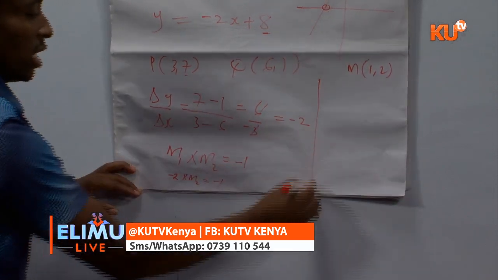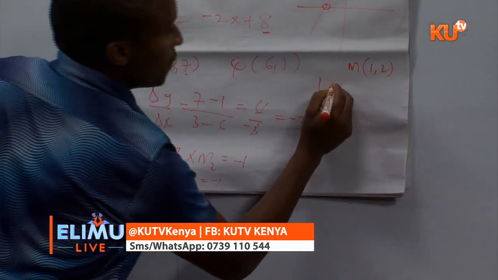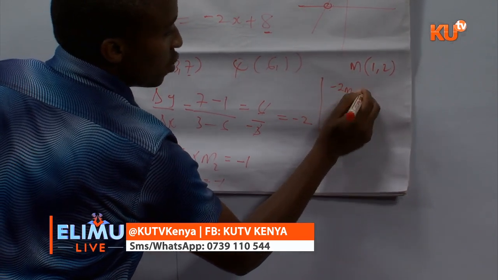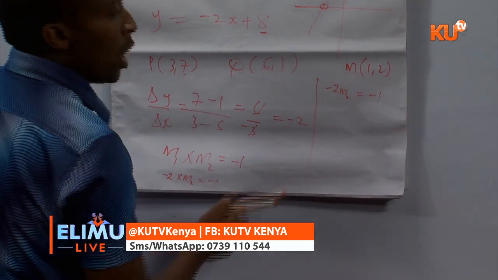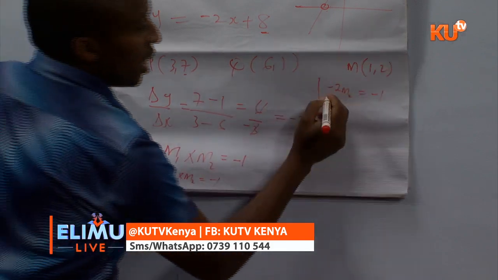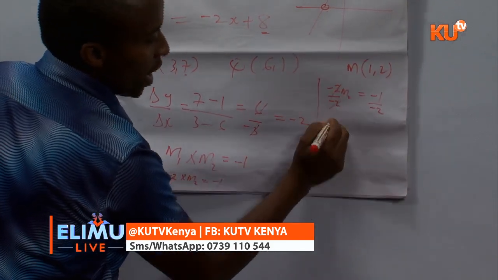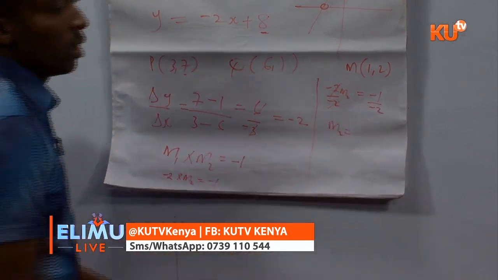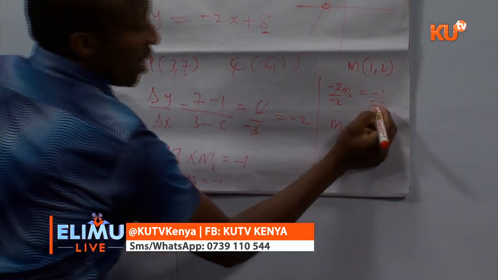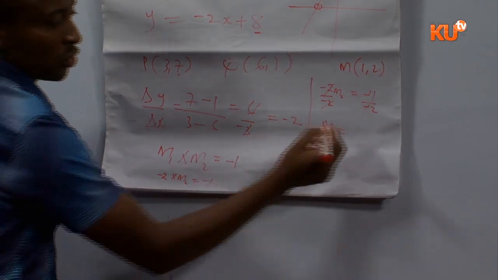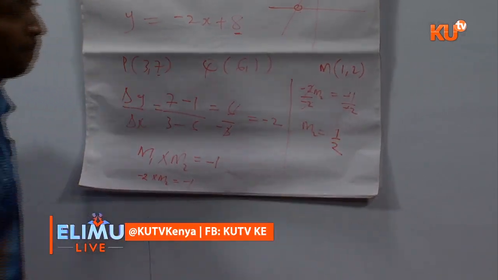I can find m2. So -2 m2 is equal to -1. Make m2 the subject of the formula, so divide by -2, -2 divided by -2. So the negative cancels out, and m2 is equal to 1/2.